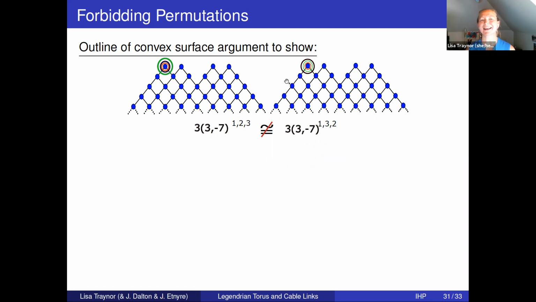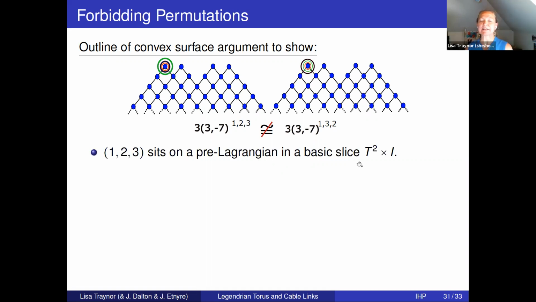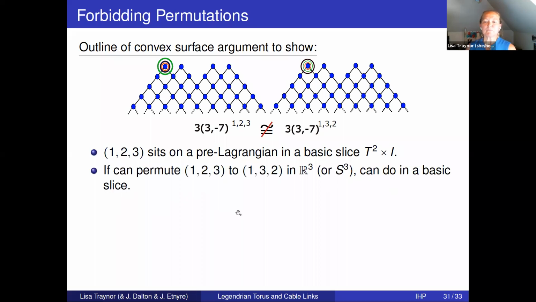And I'm just going to outline how you can show that you can't do a non-cyclic permutation. So we know that this torus link sits on a pre-Lagrangian torus in one of these basic slices. The idea is, if I could permute 1, 2, 3 to 1, 3, 2 in R3 or in S3, we could do this in a basic slice.